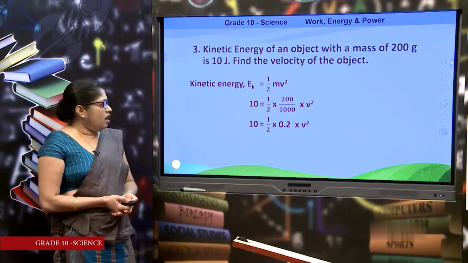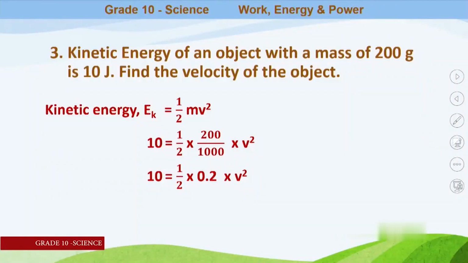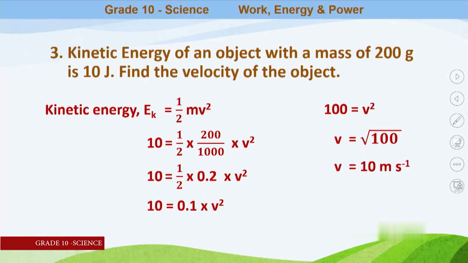So, 10 equals half into 0.2 into v squared, and 10 equals 0.1 into v squared. So, v squared is 100, and you have to get the square root of 100, and the velocity is 10 meters per second. Now, I think you can solve any problem related to kinetic energy.